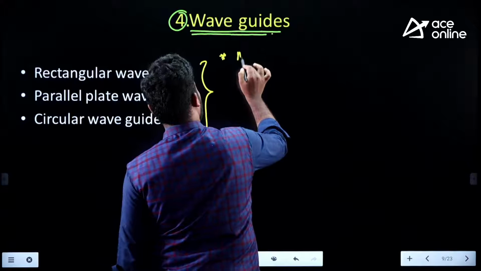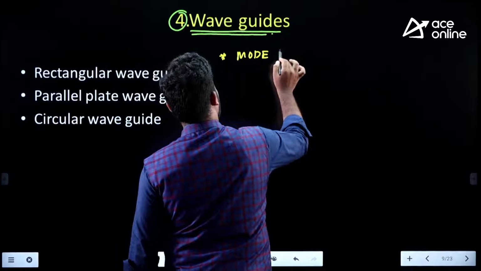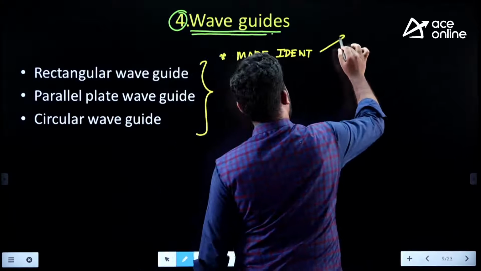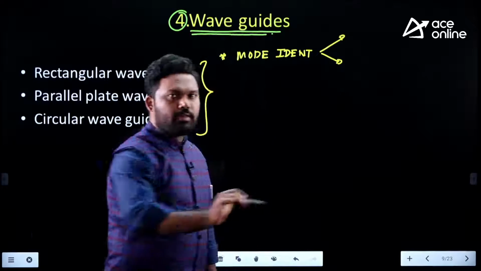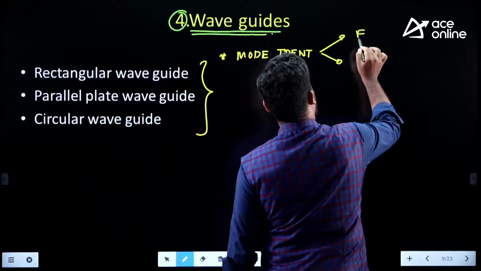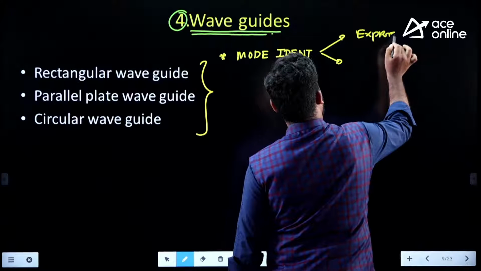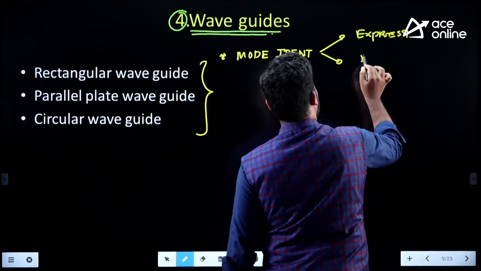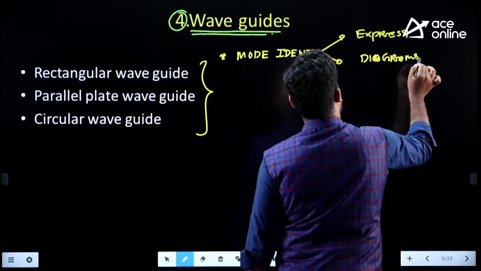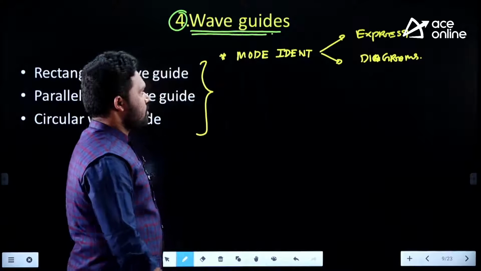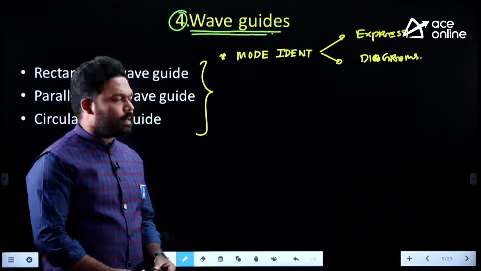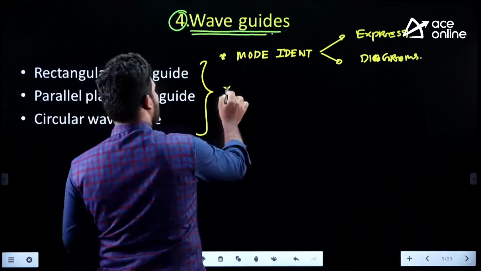Mode identification, identifying the mode from the diagram and from the expressions, and from the diagrams. Okay, yes, that is one type of question that is expected. The other one is cutoff frequency.